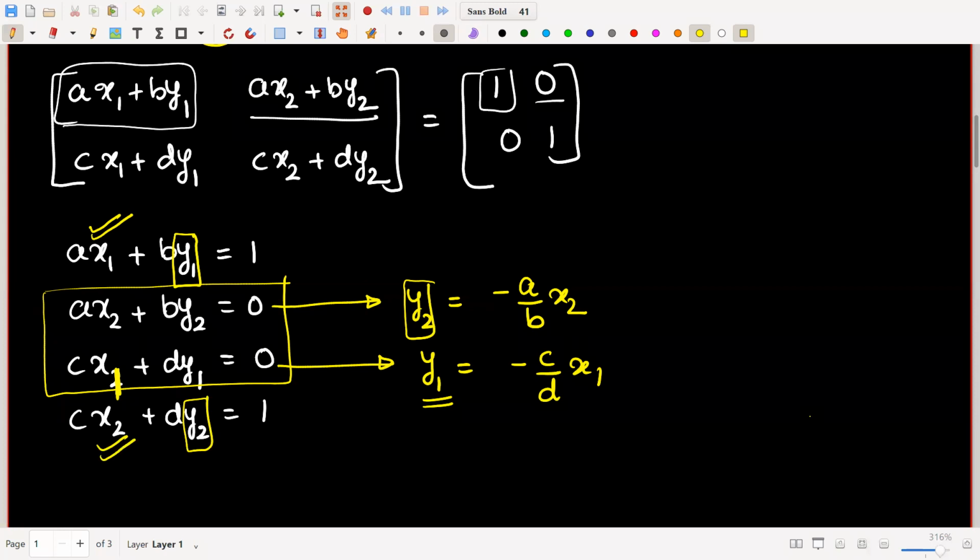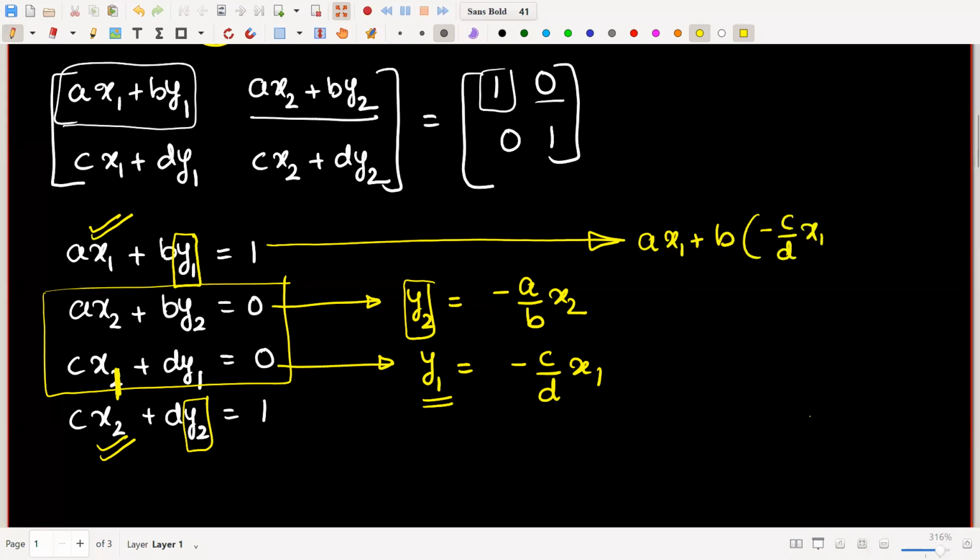So therefore, from this, now what we can find is ax1 plus b times y1, which is minus c by d x1, is equal to 1.